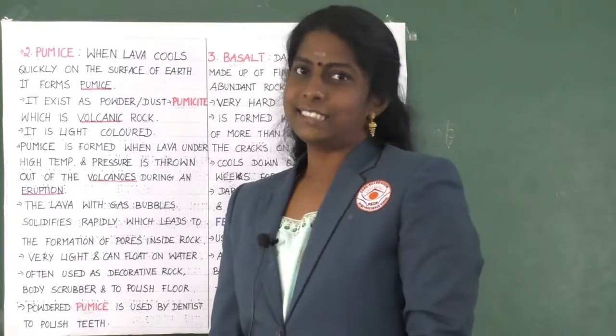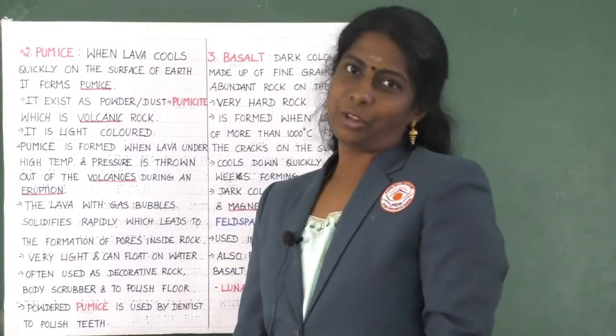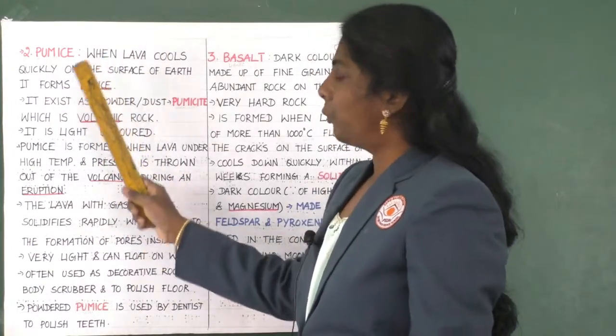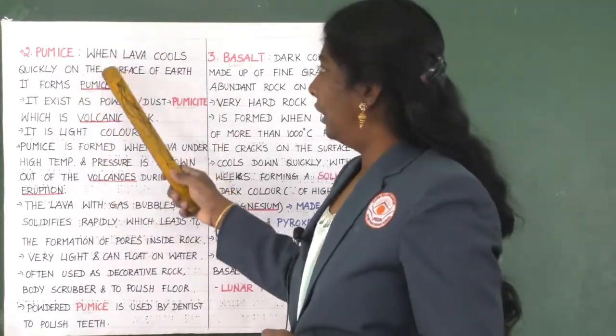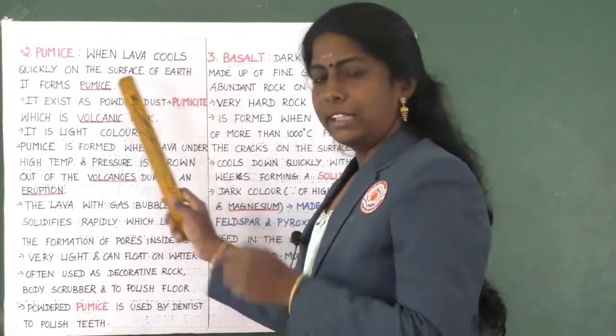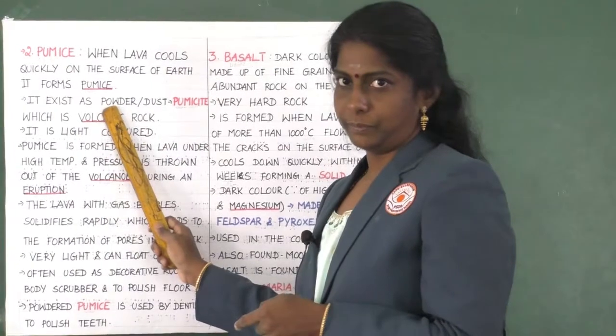Now about the second type of igneous rock, that is pumice. So what is this pumice? When lava cools quickly on the surface of earth, it forms pumice.